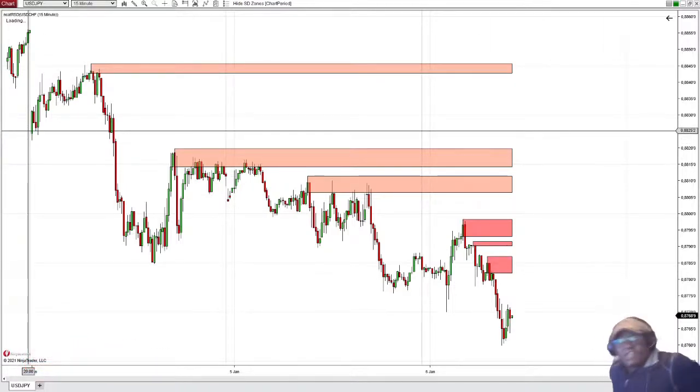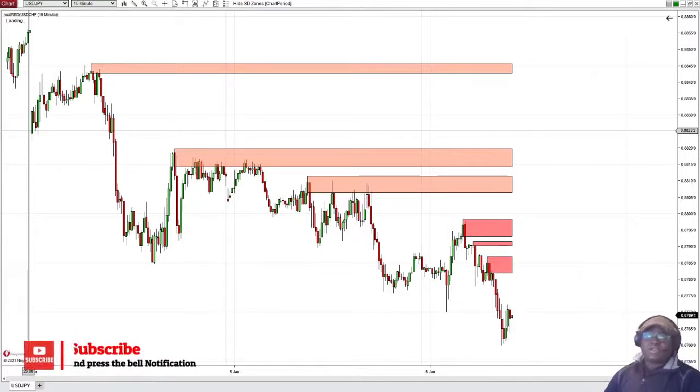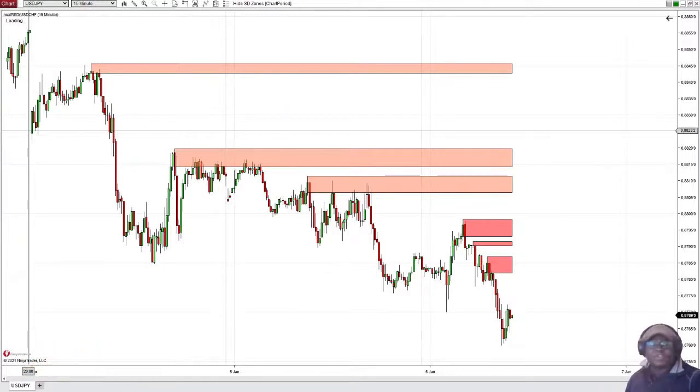If you have any chart you want me to look at, you can also post it, and we'll look at it together and see if there's any potential of any trade there.